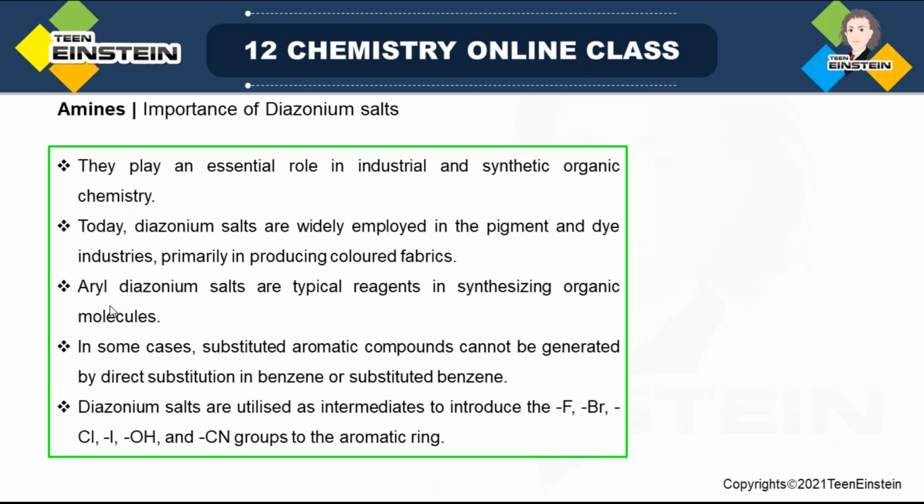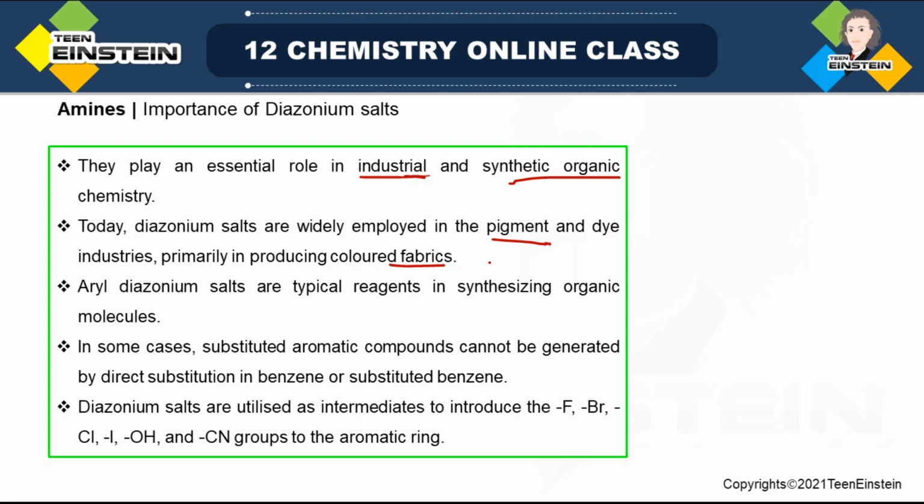Now if we summarize the importance of diazonium salts, they play an essential role in industrial as well as synthetic organic chemistry. For industrial use, you have already seen how we can make dyes with so many different colors, and that is the reason they are employed in pigment and dye industries, primarily in producing colored fabrics.